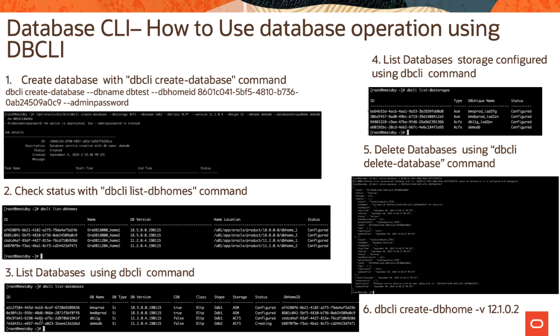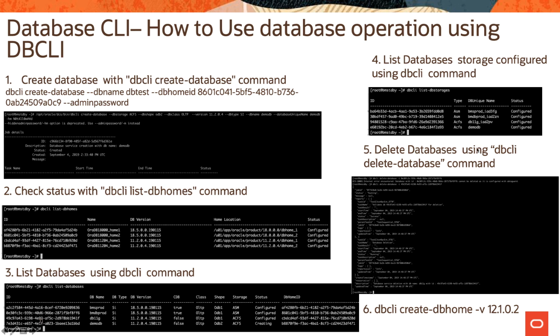You will be able to list the database storage configured using the DBCLI command, and it shows what kind of storage is in use. On my database system, I have ACFS storage as well as ASM storage for databases. This ACFS storage represents that I might have an 11G database on a bare metal system.